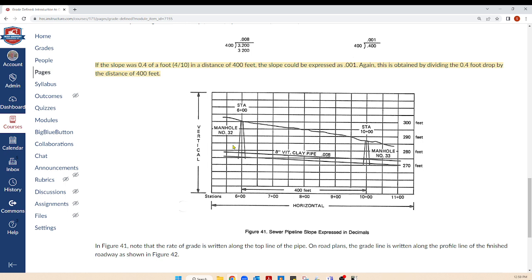Let's see how close I am with that. 400 times 0.008.